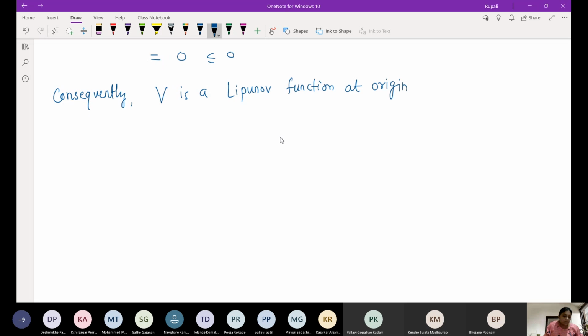Origin means 0, 0. And hence origin is stable. Origin must be stable by theorem 4.18. Is that okay?